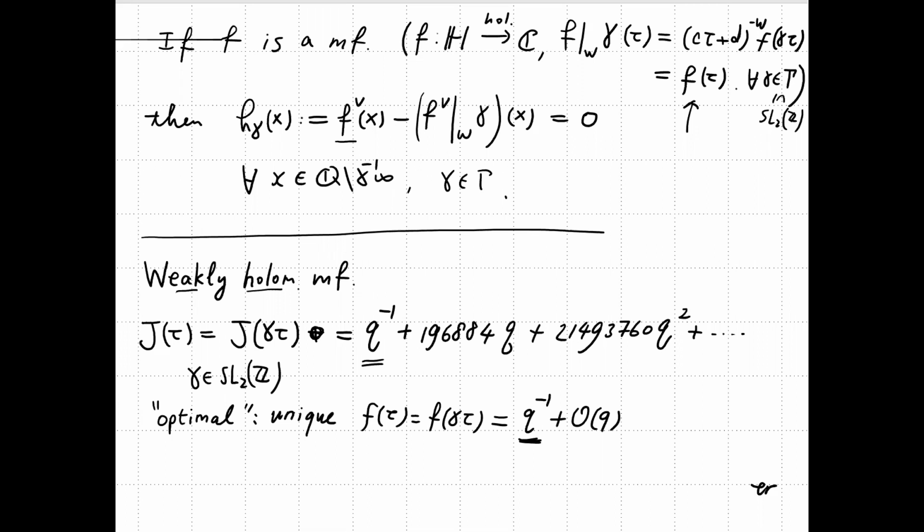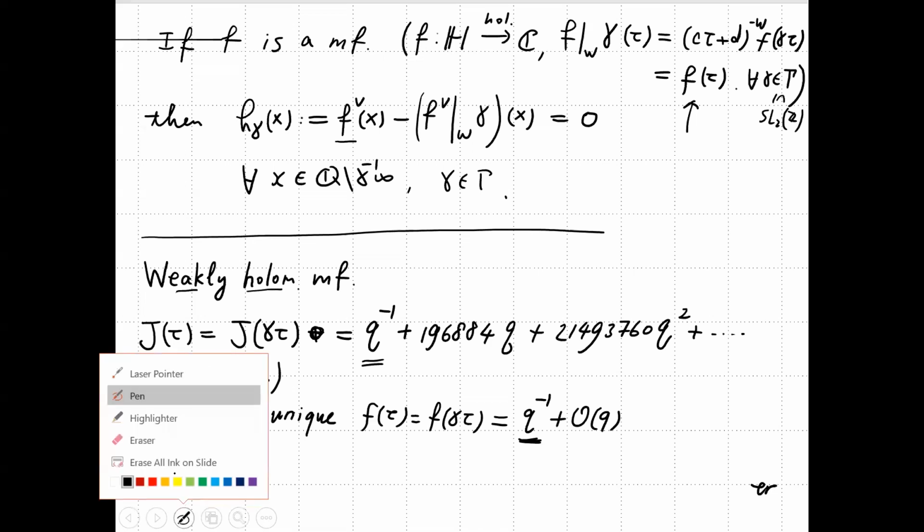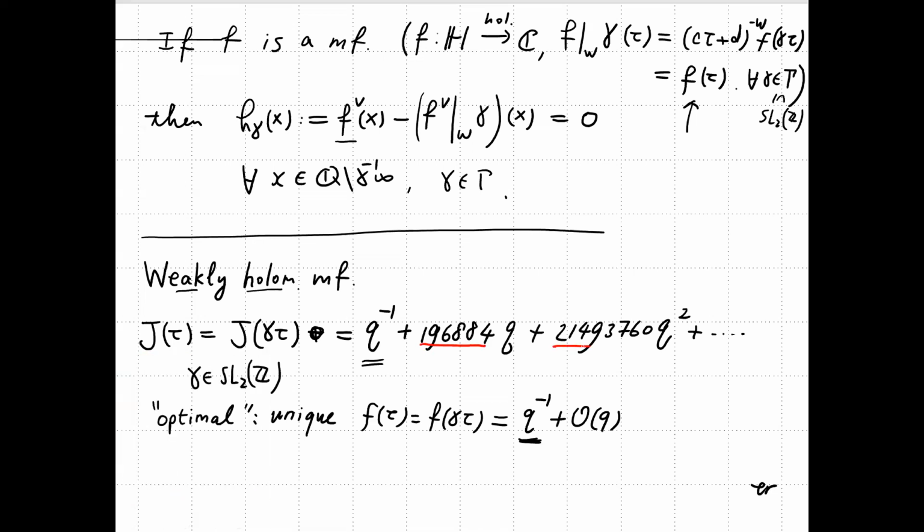So, okay, that's optimal. And another famous property of this function is that these numbers, 1, 196884, and all these integers, are also the dimensions of a certain module or representation of the monster group. So this is the famous monstrous moonshine story.